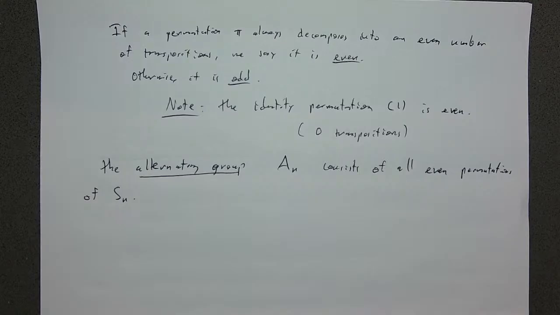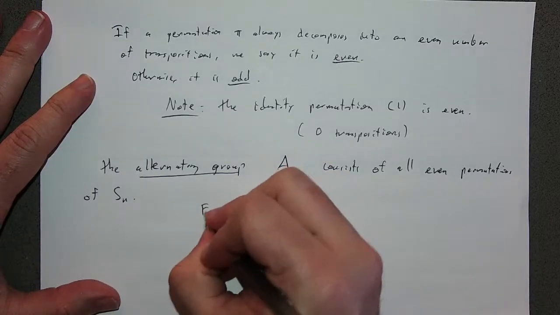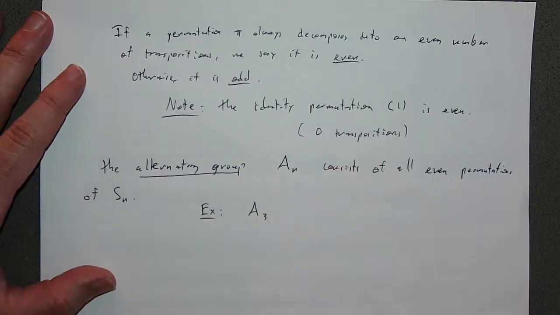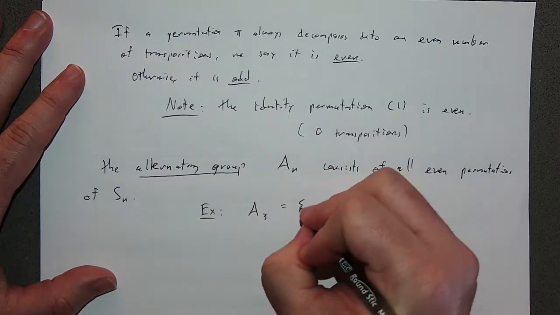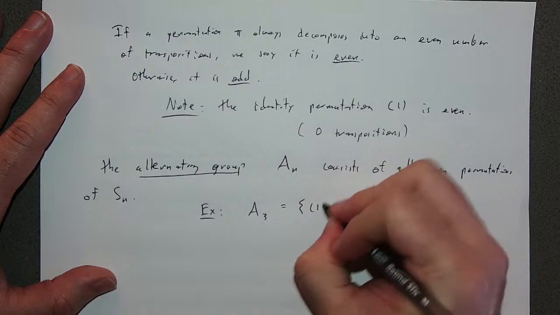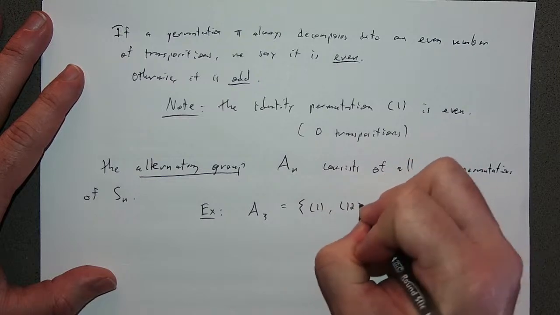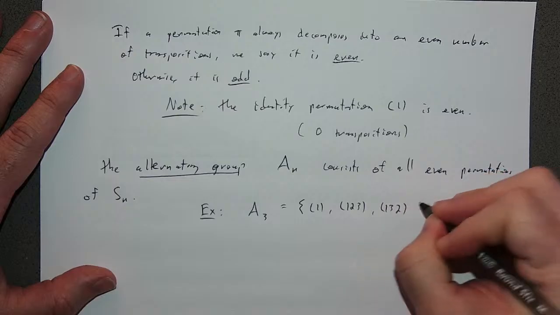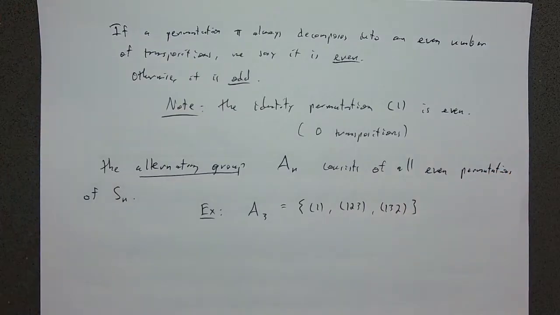Okay. Let's just do a quick example here. A sub 3 is simply the identity, the cycle 1, 2, 3, and the cycle 1, 3, 2. Those are the even ones.